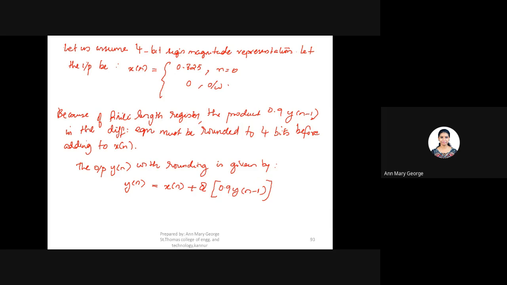Now you have to find the value of y of n when n equal to 0. y of 0 equals Q of 0 plus x of 0 equals 0.825.